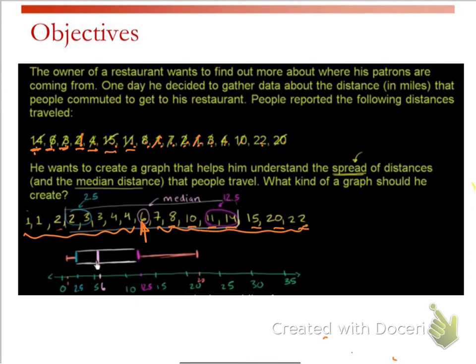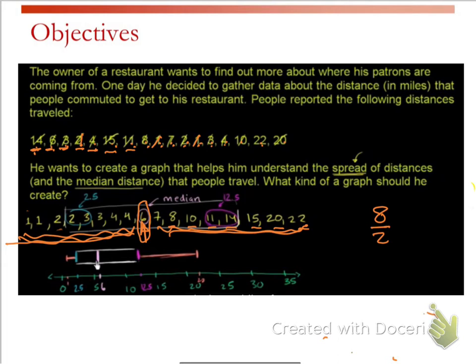I have to exclude the median, so I will not count it, okay? I have 8 before it and 8 after it. So if I want to get the median of these 8 numbers, it is an even number, so I should not add anything. 8 divided by 2 equals 4. Because it is even, it will have two medians, okay?